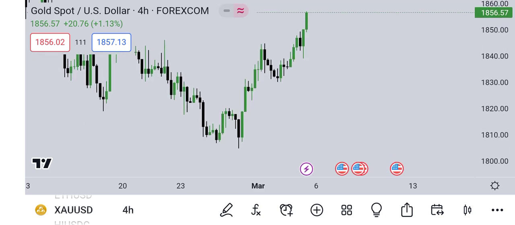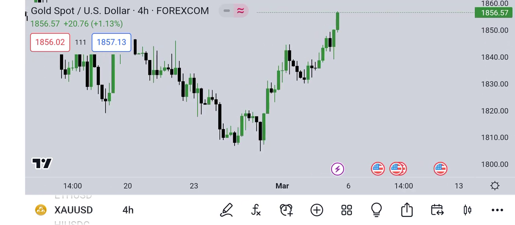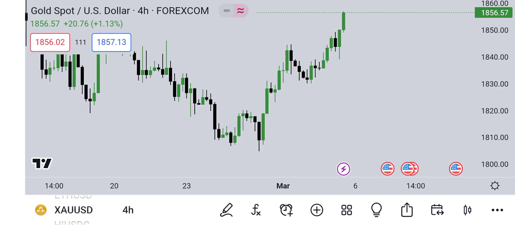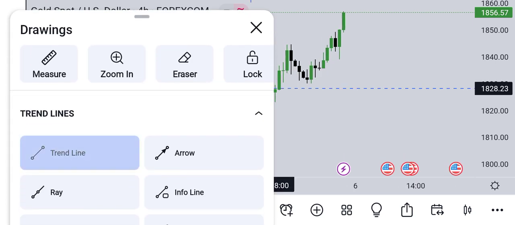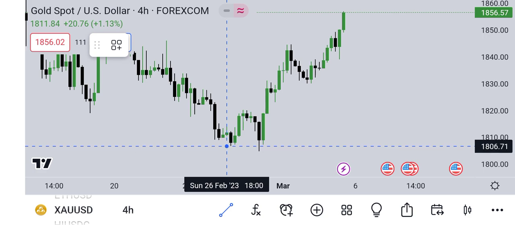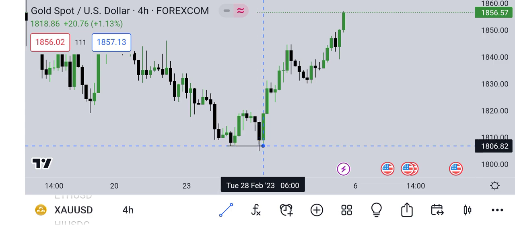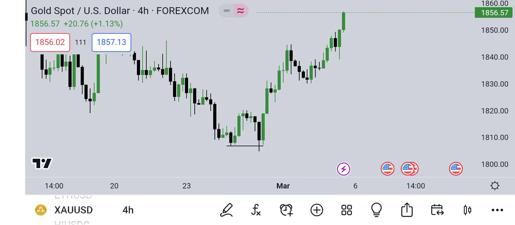Okay, so on the 4 hour time frame, what do we have? We have sell side liquidity here, sell side liquidity there.